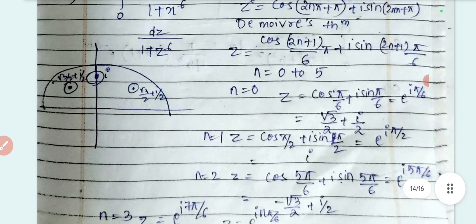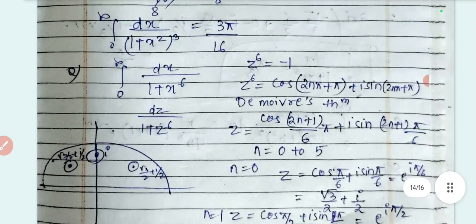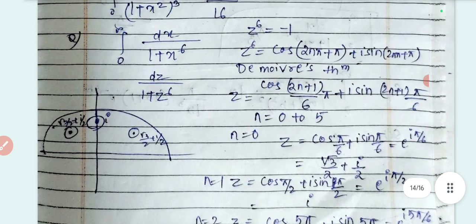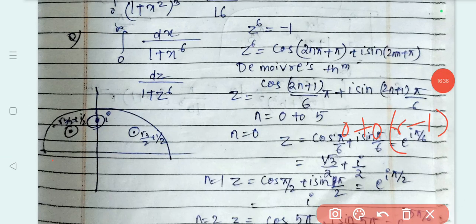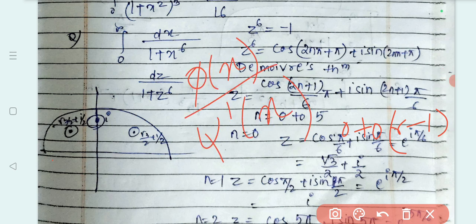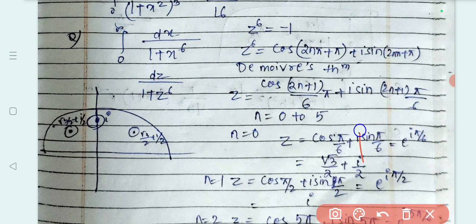As I have told you one formula for the residue of a fraction, make it phi x by psi dash x. So we have to take the derivative of the denominator 1 plus z to the power 6 to find the residue.